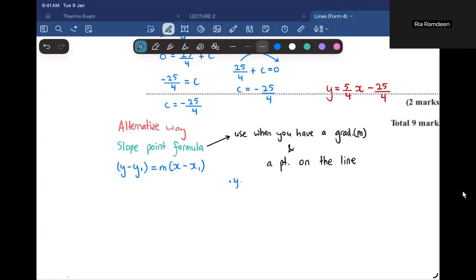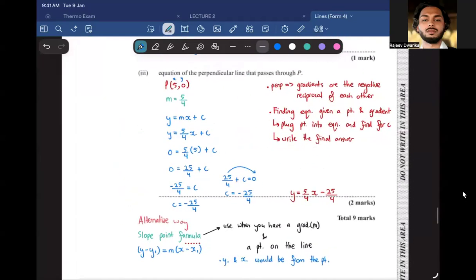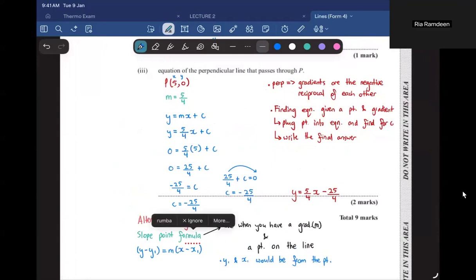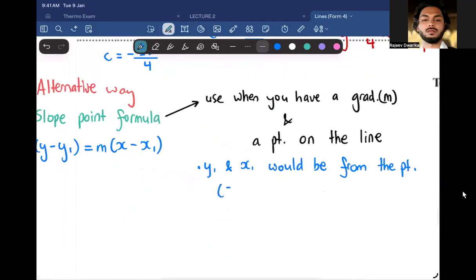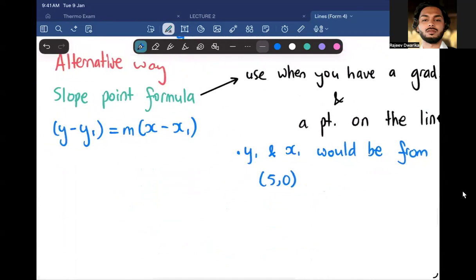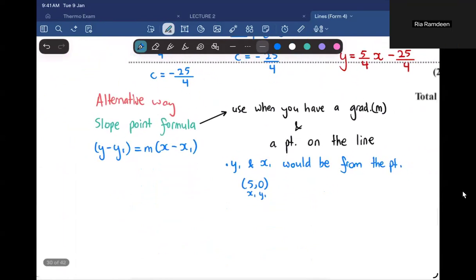They would be from the point. What was the point on the line itself? 5, comma 0. So y1 would be 0 and x1 would be 5. You understand what I'm saying? Yeah, y1 and x1 come from the point you're using.